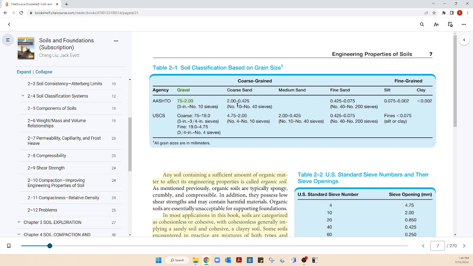And then their coarse sand is passing the 4.75 sieve, which is the number 4 sieve, and it's retained on the 2 millimeter sieve, which is the number 10 sieve.